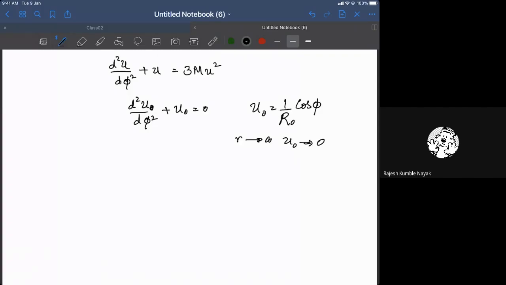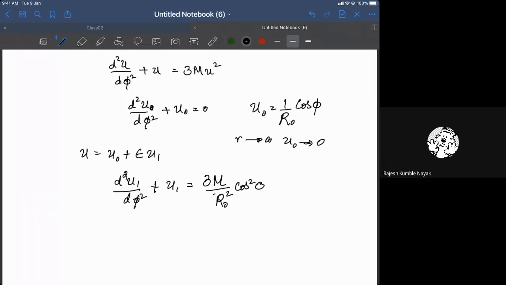Then we can do this perturbative solution. You can write u is equal to u naught plus epsilon into u1, and then we do the same trick again. Then we get the perturbed equation: d square u1 by d phi square plus u1 is equal to 3M by r naught square into cos square phi.